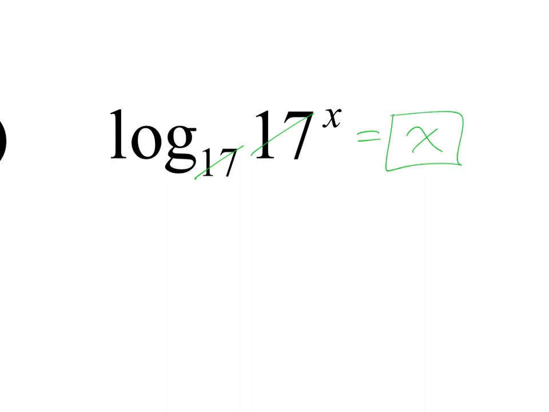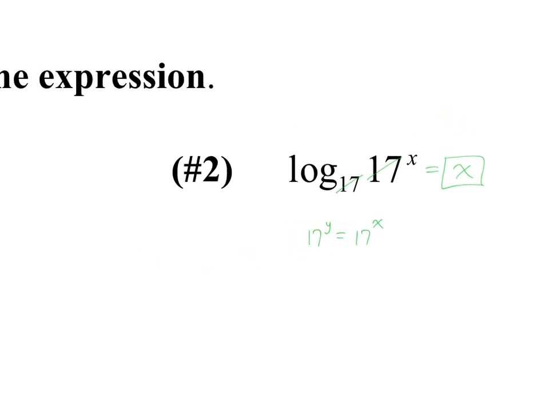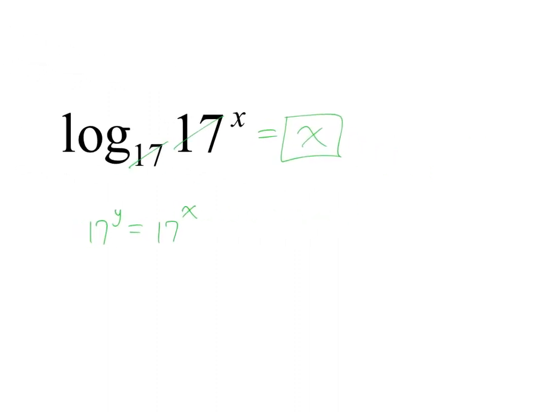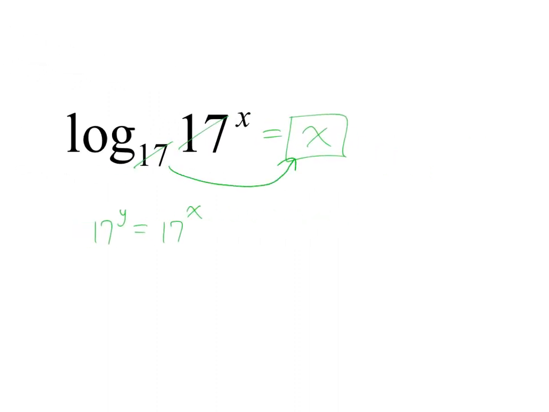So this is saying 17 to what power equals 17 to the x. If we set this equal to y, what does y have to equal for it to be 17 to the x? Well, y has to equal x for it to equal 17 to the x. Okay, that's kind of what's happening here, if that makes more sense. Same thing over here.